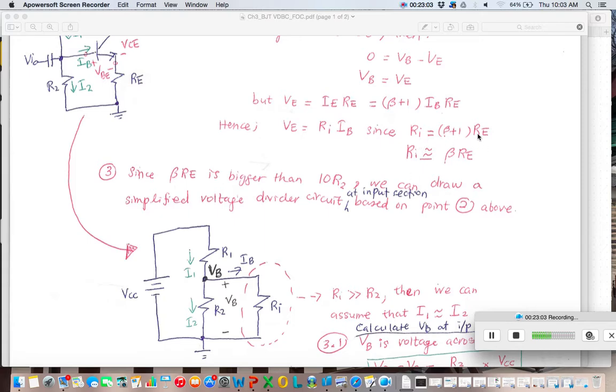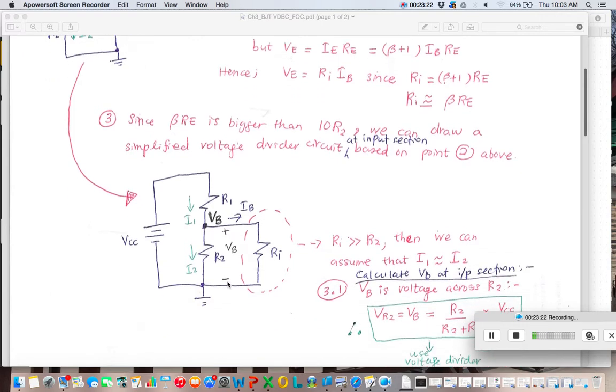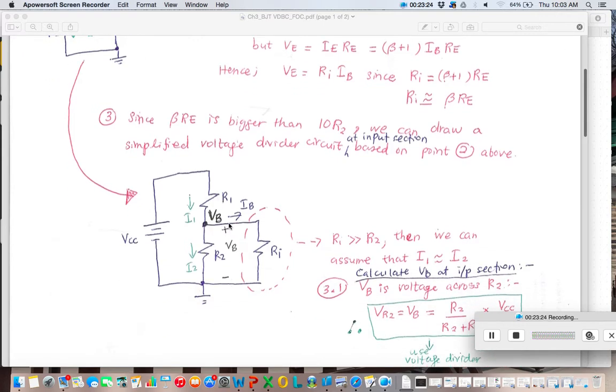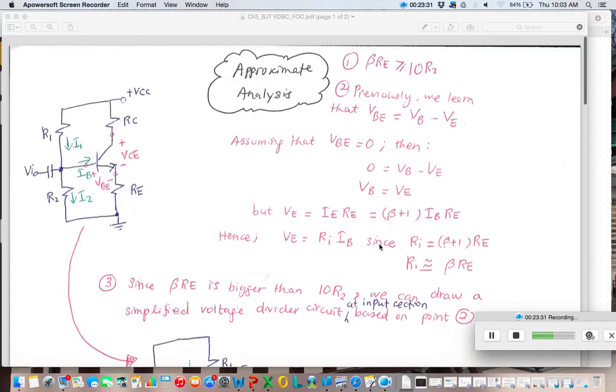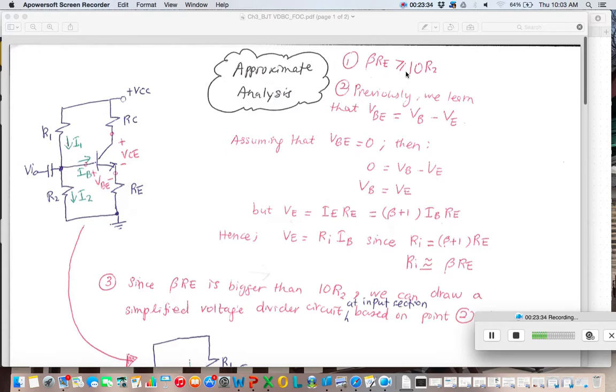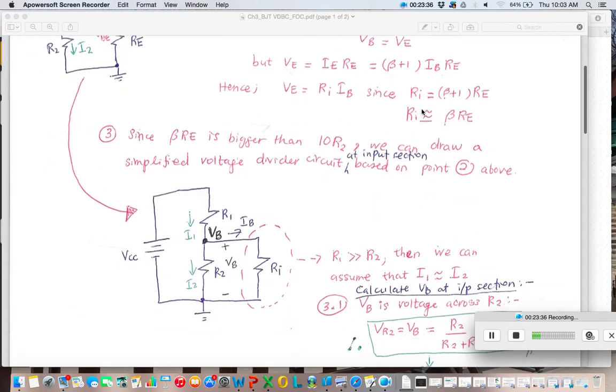Now it becomes RI, because RE times beta plus 1, right? We already defined it. So just connect it to VB here. VB is right here, in between R1, R2, and the B terminal. So this is VB. Then we assume RI is greater than R2, obviously, because this is our current assumption, beta RE greater than 10 times R2.